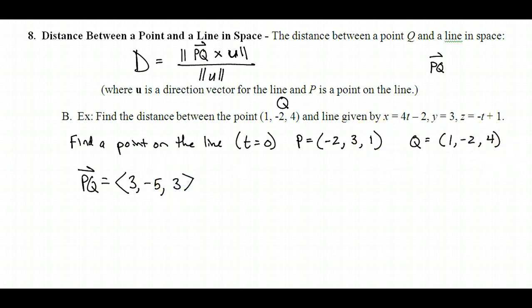Now we have to follow our directions and take the cross product, i, j, k, vector PQ cross vector u. So 3, -5, 3. Vector u, remember, is your directional vector from the line. That direction is always multiplied by the t, so it's 4, 0, -1.